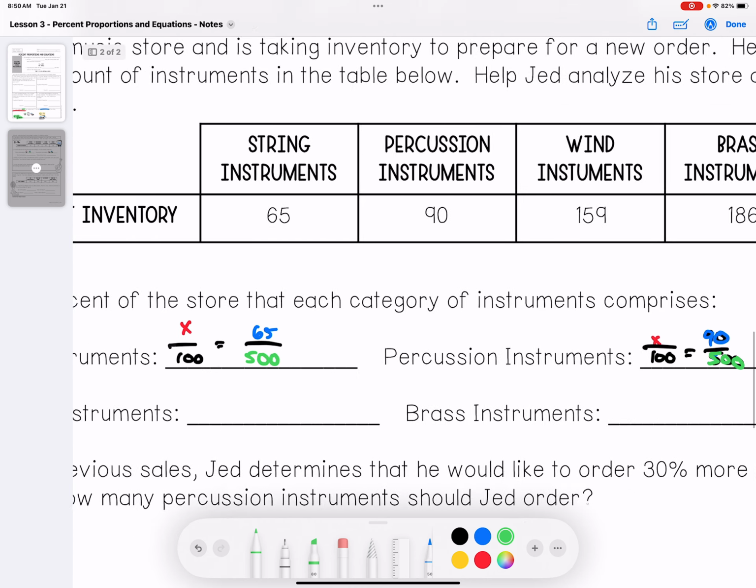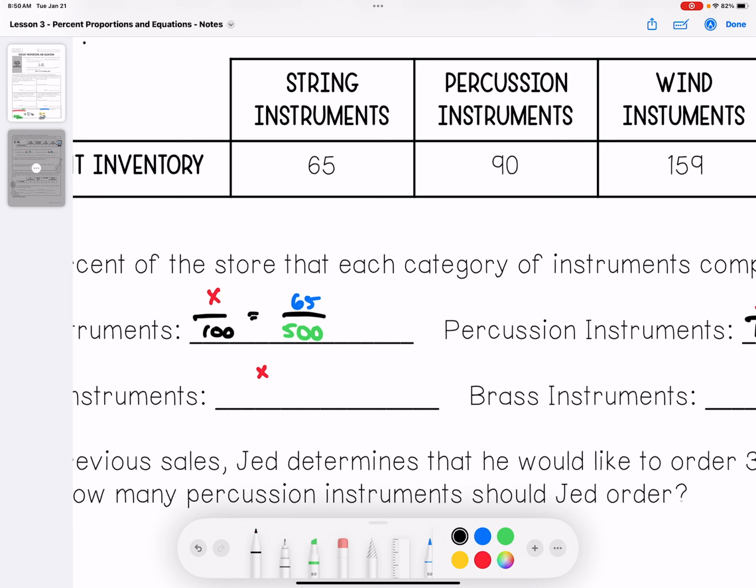All right, let's do wind. Same process. Percent over 100, because that's what we're looking for. The part is 159, because that's how many wind instruments he has. And the total is 500.